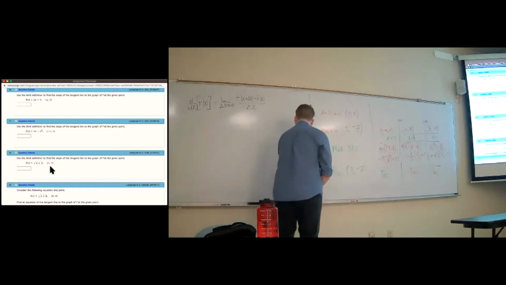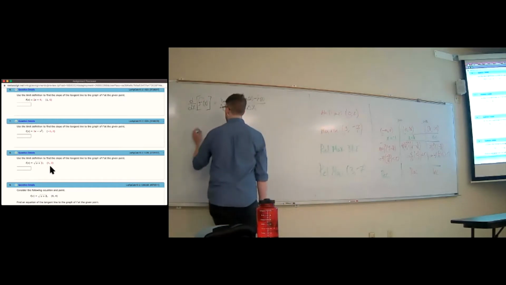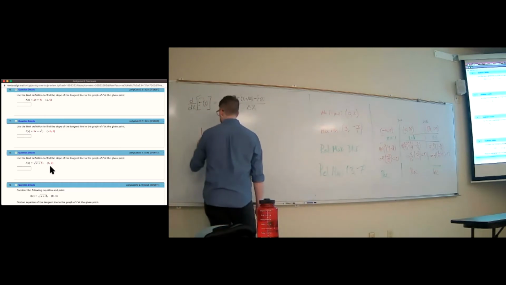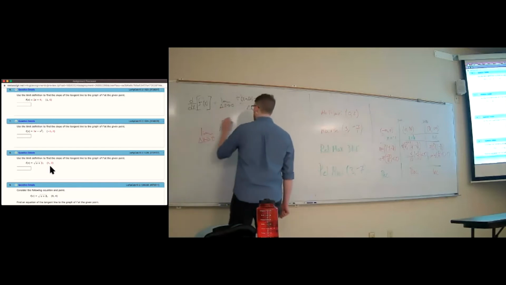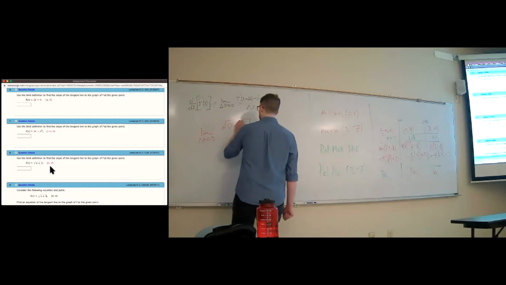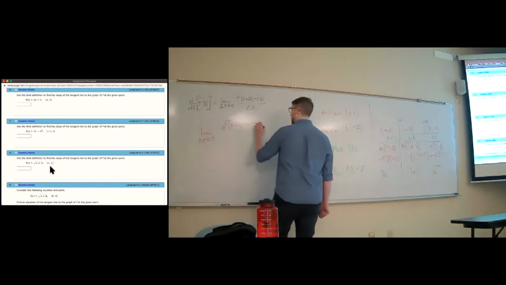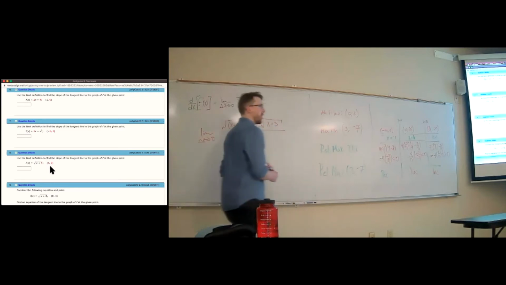What we want is to find the limit as delta x goes to 0 of the square root of x plus delta x plus 3 minus the square root of x plus 3, all over delta x, right?